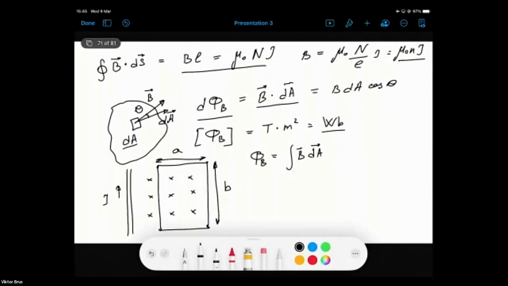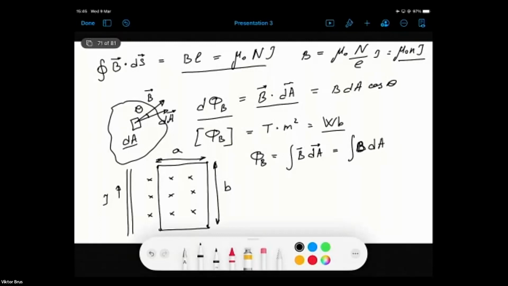Since in this case the magnetic field vector will be parallel to the dA vector, to the surface of the loop, we can write that it will be just the integral of the magnitude of the magnetic field vector times dA.